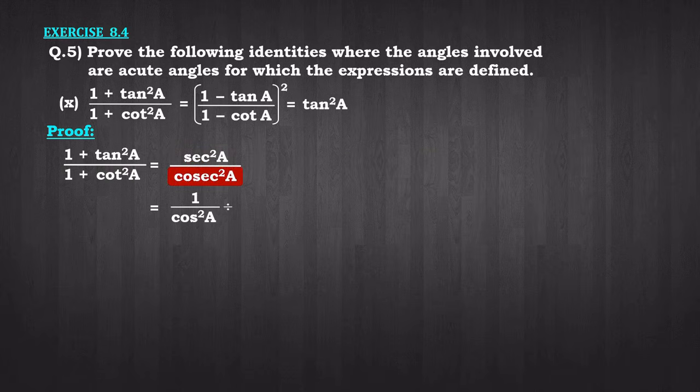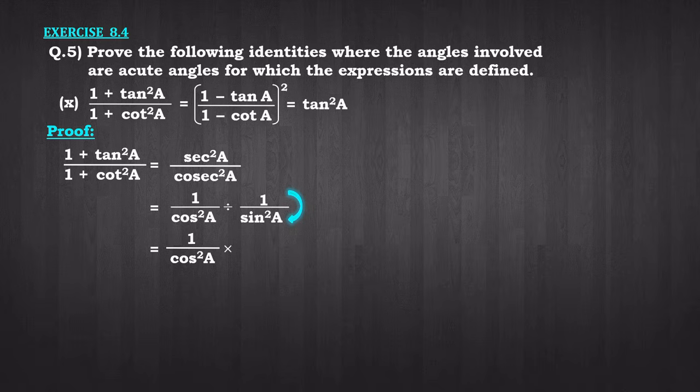Now write sec A as 1 upon cos A and cosec A as 1 upon sin A. So, the expression becomes 1 upon cos²A divided by 1 upon sin²A. Division by a fraction means multiplication by its reciprocal.